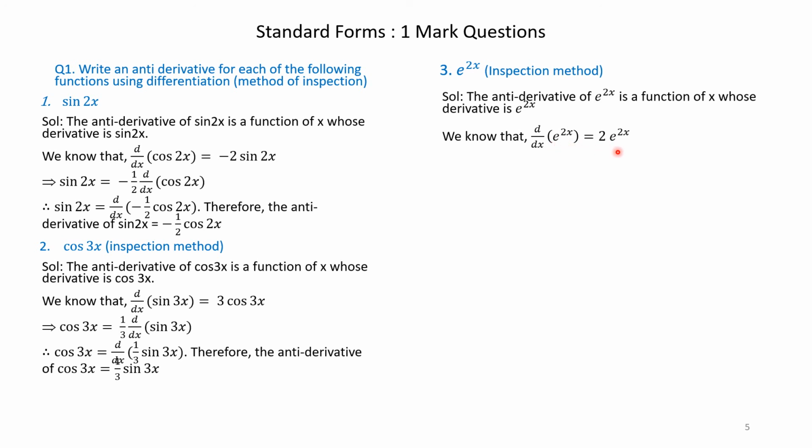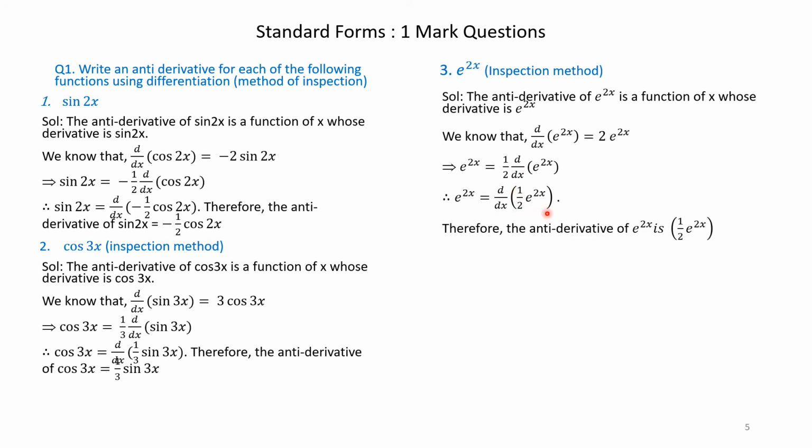Because the power is 2x, we get 2 here. Therefore, e to the power of 2x is equal to 1 by 2 into d by dx of e to the power of 2x, that is, d by dx of half into e to the power of 2x. Therefore, the antiderivative of e to the power of 2x is half e to the power of 2x itself.